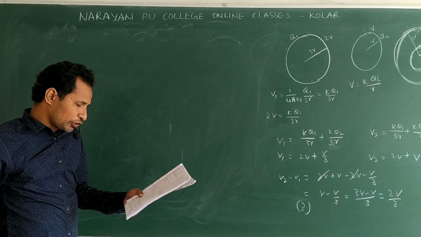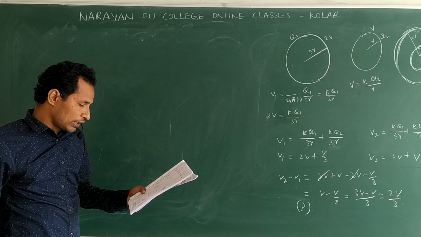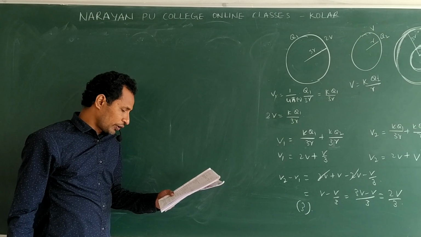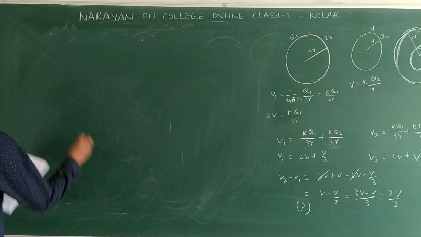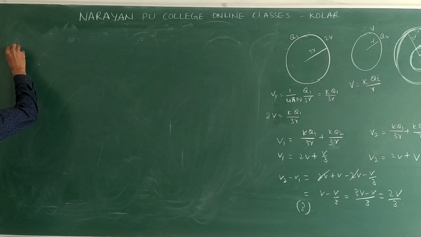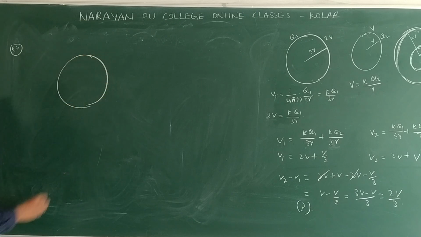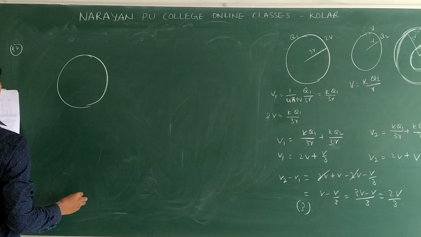A point charge capital Q is placed inside a conducting spherical shell of inner radius 2r and outer radius 4r. At a distance capital R from the center of the shell, the electric potential at the center of the shell will be? Okay.